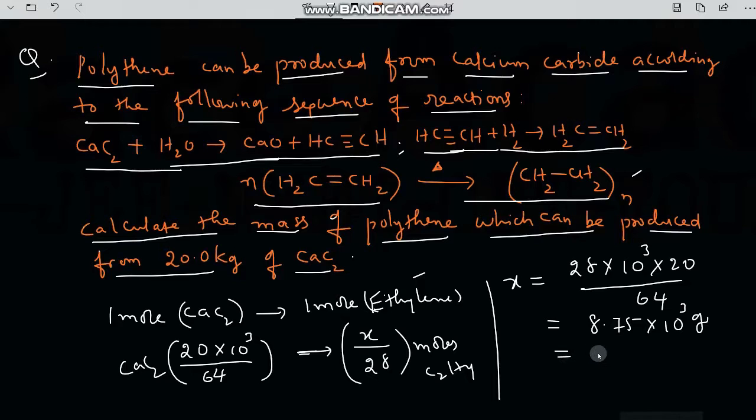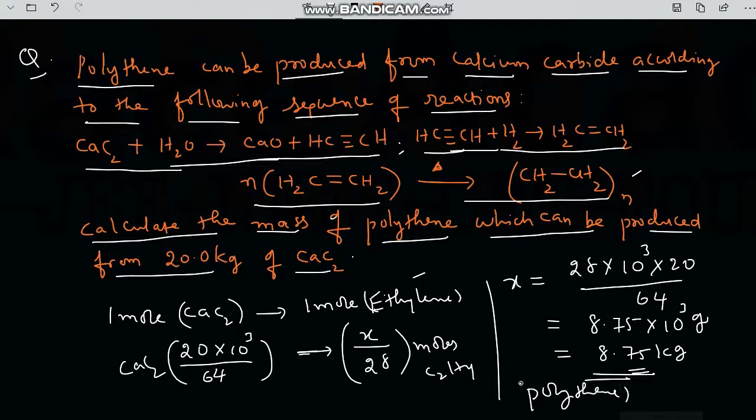That is nothing but 8.75 kilograms. Here, the mass of polythene is the same as the mass of ethylene, as 8.75 kilograms is required by the law of conservation of mass. This is the answer for this question, that is the polythene mass.